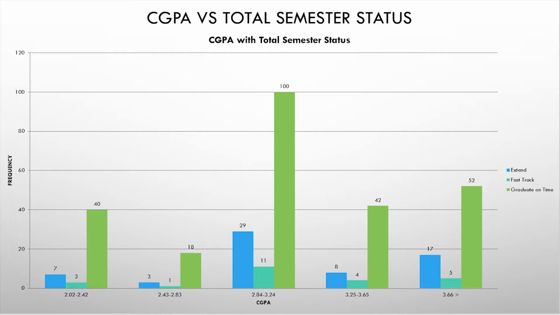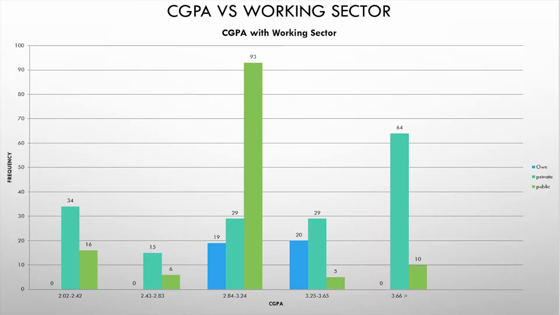For the extend students, we know from the graph 3.66 CGPA extends to 70% extend. For the graph CGPA versus working sector, we know public students work at public company from 2.84 until 3.24.